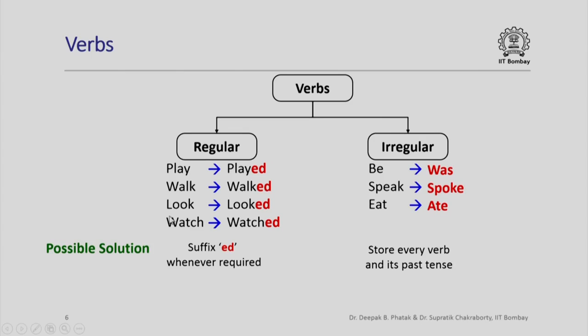For the regular verbs, we can just suffix ed whenever we are asked to generate the past tense, but for irregular verbs, we have to store the past tense along with the verb, and if we are asked to generate the past tense of one of these verbs, we can just read out from the stored past tense form of the verb.